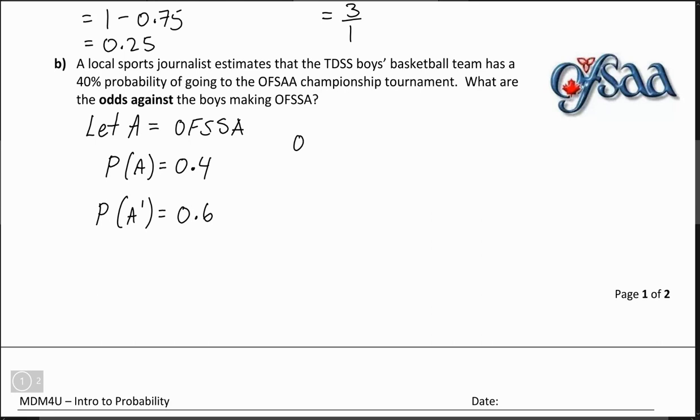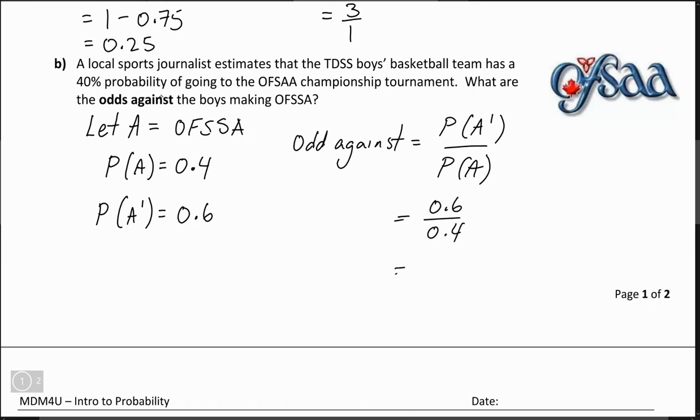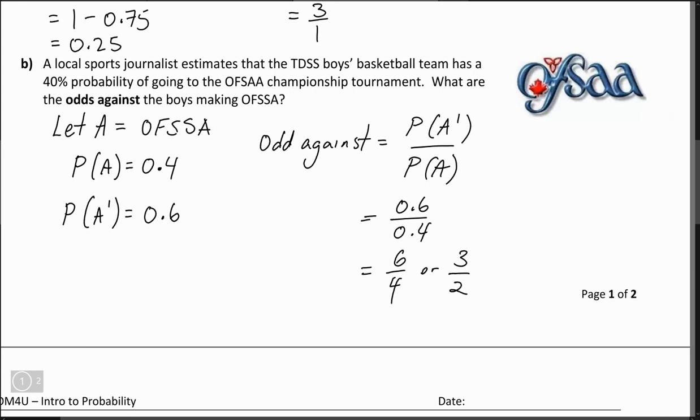So then the odds against, if I'm asked specifically for odds against, is going to be the other formula, which is the probability of the complement over the probability of the event. Okay, so I'm going to say here 0.6 divided by 0.4, and that is equal to 6 over 4, or 3 over 2 if I put this in lowest terms.